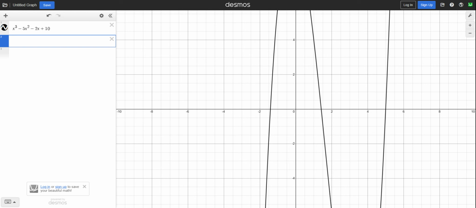So let's type in SQRT, square root of 2, square root of 5. Now, also the negatives of both of those.